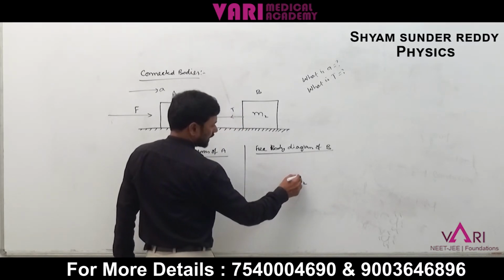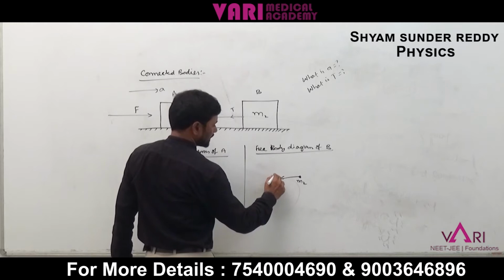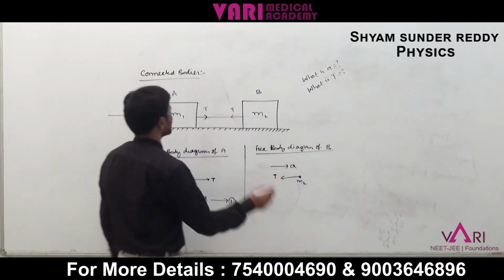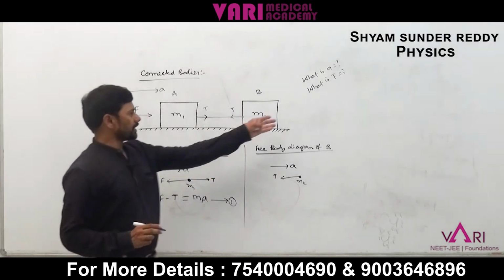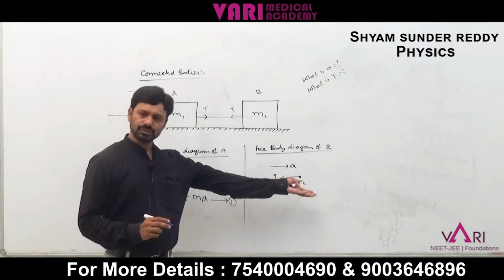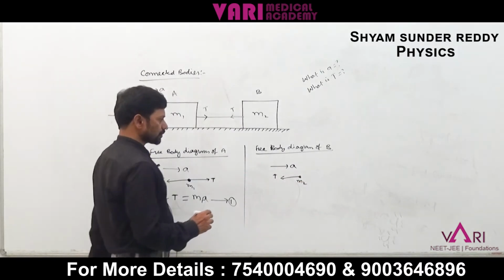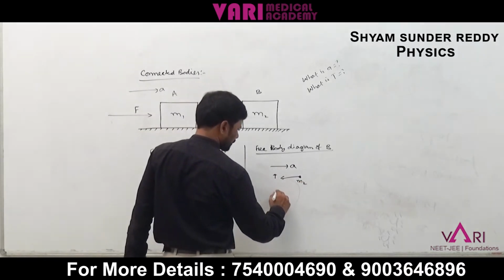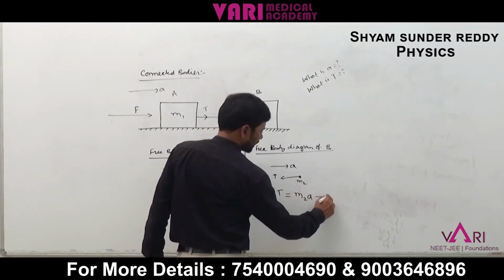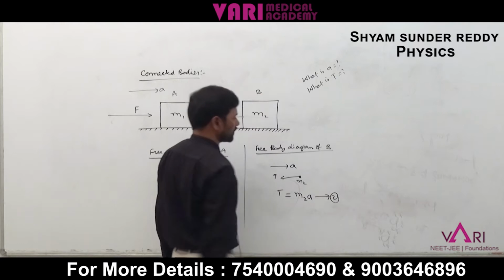In this, the tension is T and the acceleration is in this direction. Here no other force is acting. The total tension is nothing but the net force. So we can write T is equal to m2a. This is the second equation.